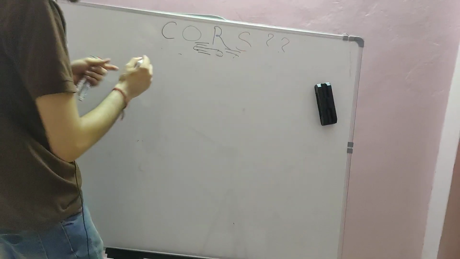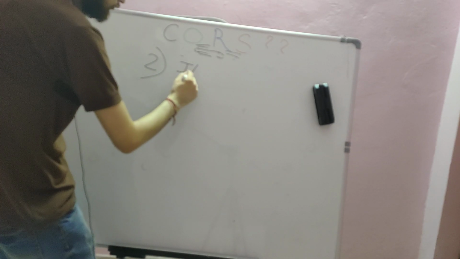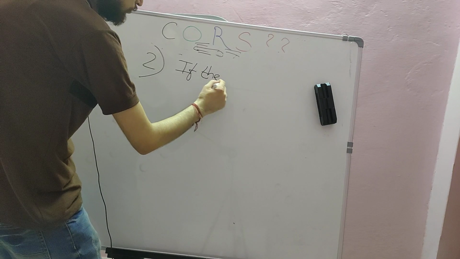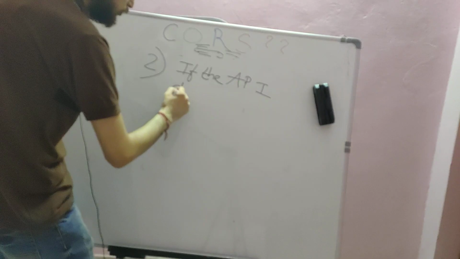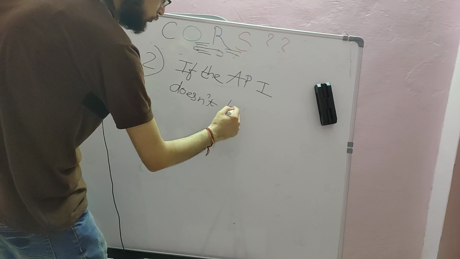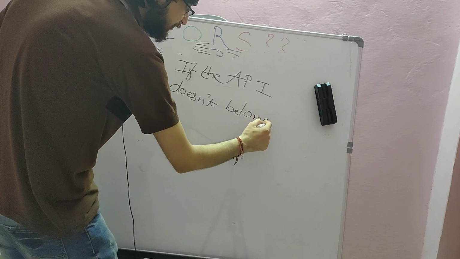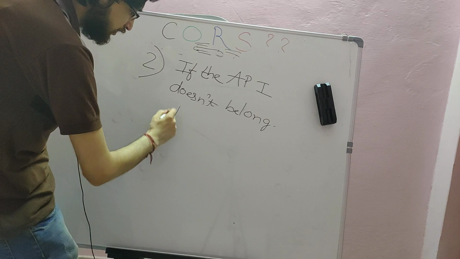So the second step: if the API is not owned by you, if the API doesn't belong to you, then in that case you need to use some kind of proxy.